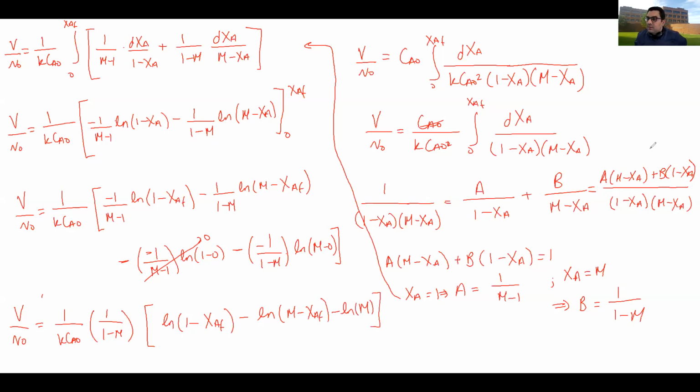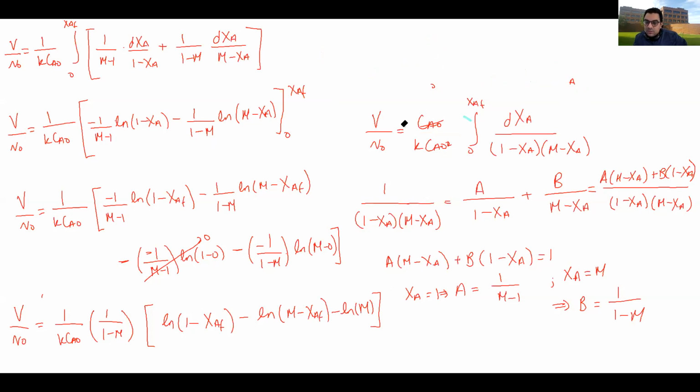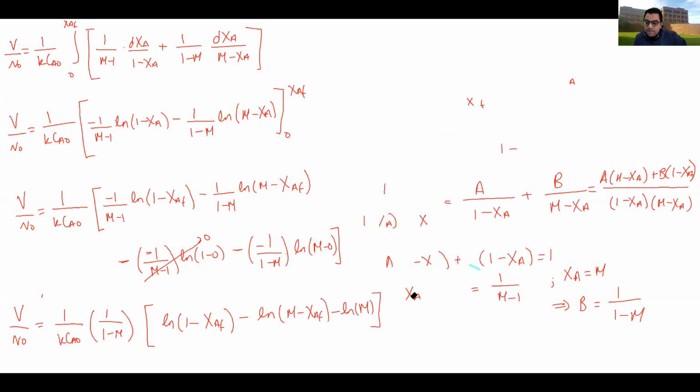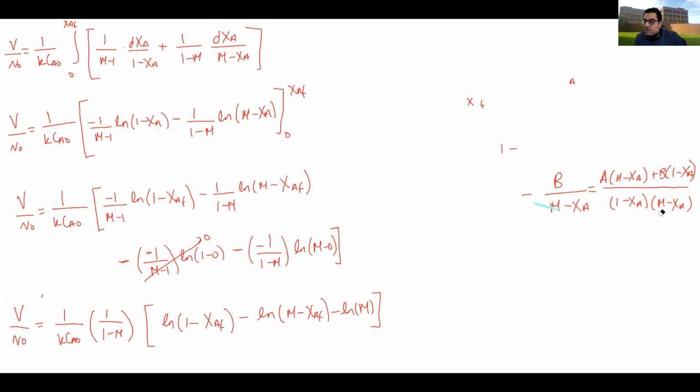Let me save it up until this point. Save, and let me erase from here so that we can continue on this. And we're still trying to get an expression for the volume of a PFR.